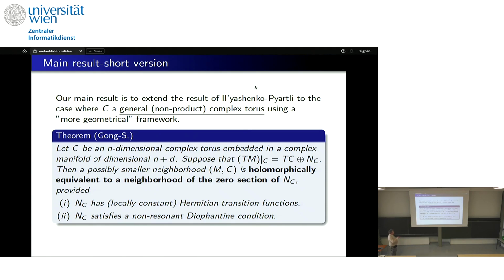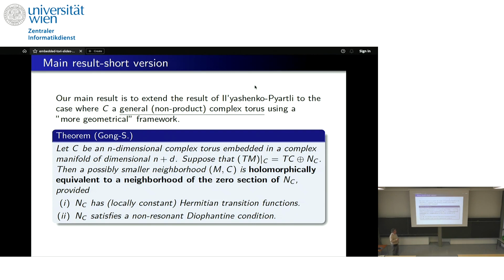Then what we say is that there is a holomorphic equivalence between that neighborhood, or even a smaller one, and a neighborhood of the zero section in the normal bundle, provided that there are two conditions. First, that the normal bundle has Hermitian transition functions, so flat Hermitian, meaning constant and Hermitian.